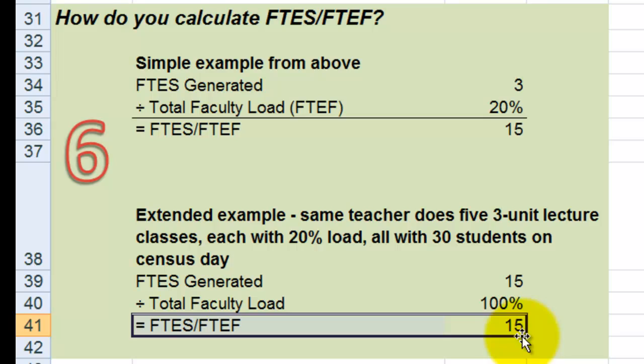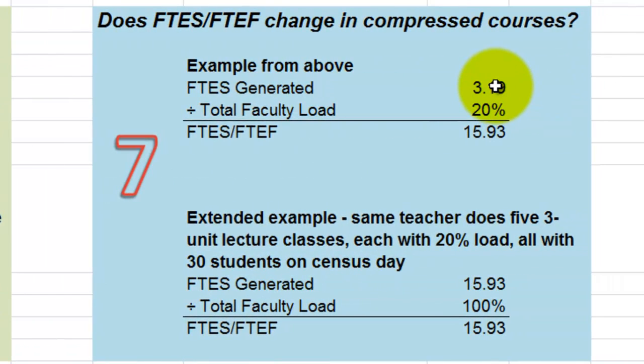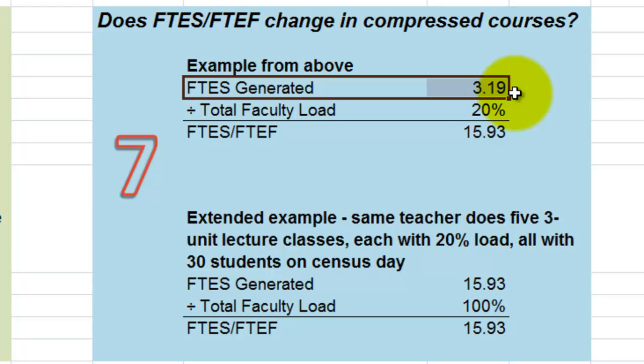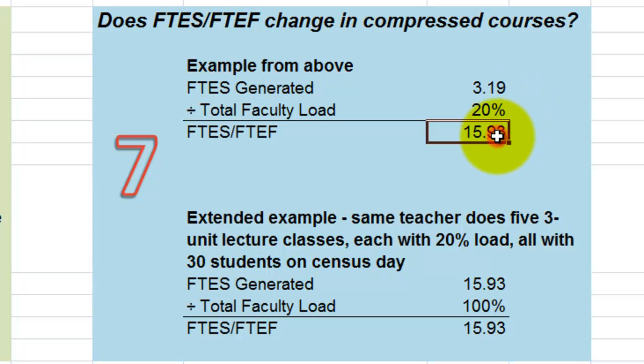Okay, now, does the FTES per FTEF change in compressed courses? And the answer is yes, for the same reason as above. Over on this side, we increase the FTES. So that class is now earning 3.19. You divide that by 20%, and that gets you this 15.93.